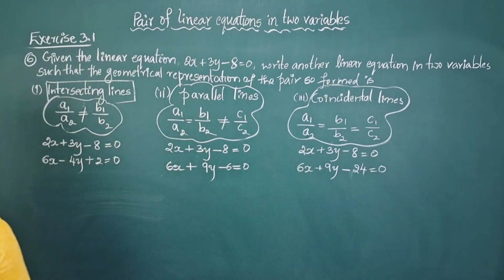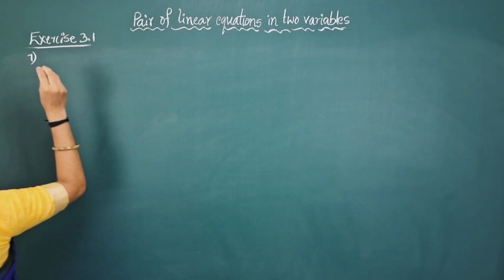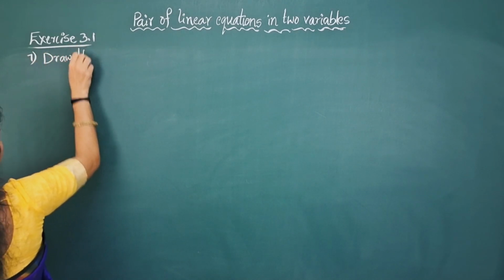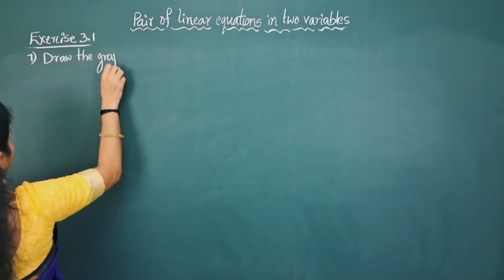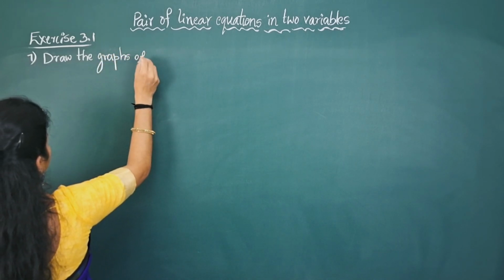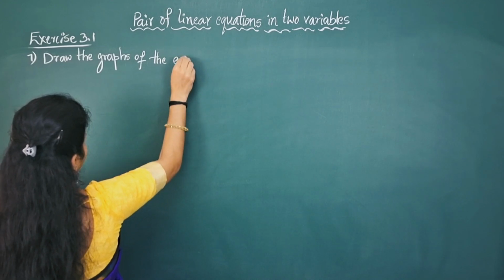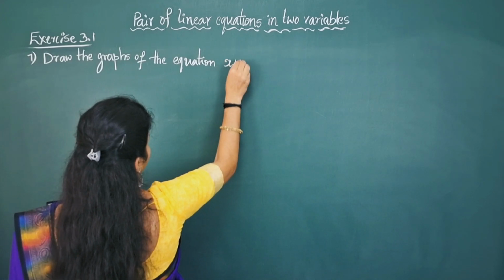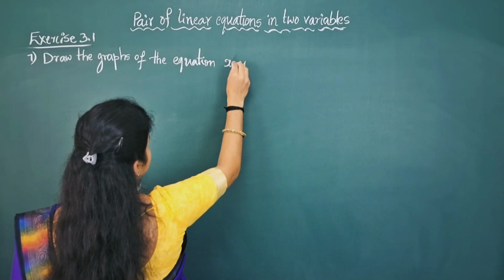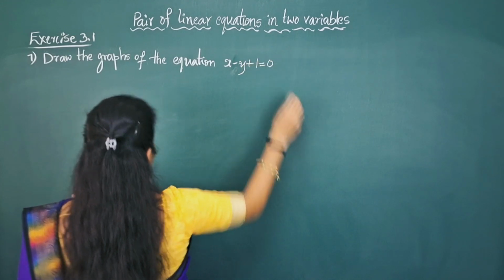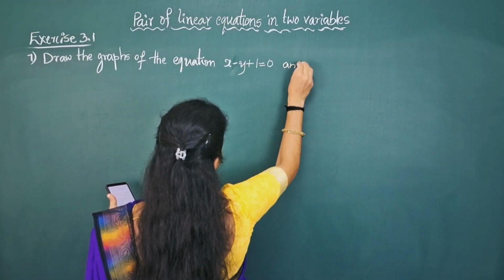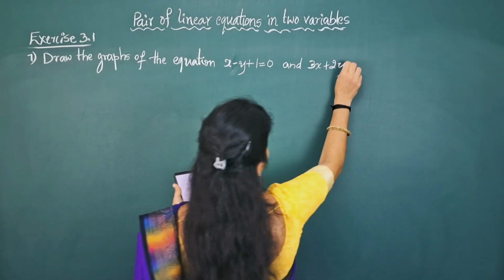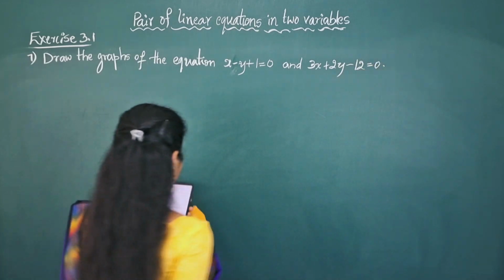Now let us solve question number 7. Draw the graphs of the equations x minus y plus 1 is equal to 0 and 3x plus 2y minus 12 is equal to 0.